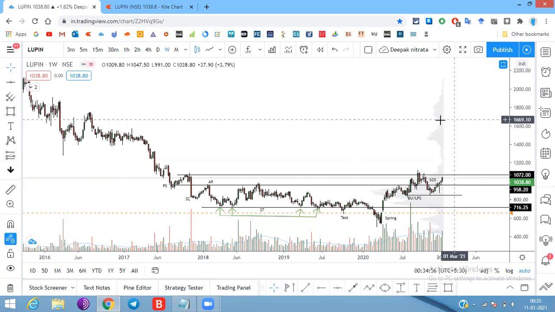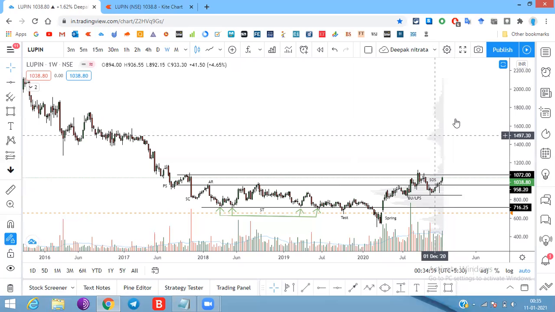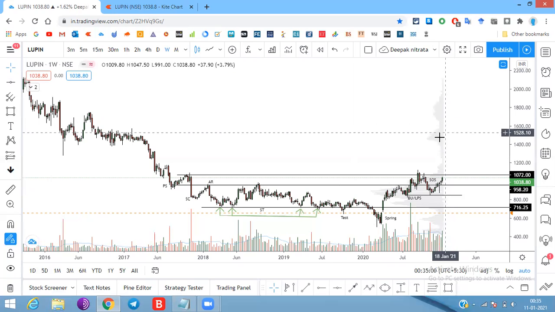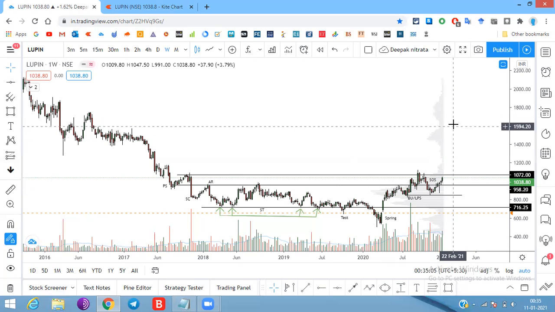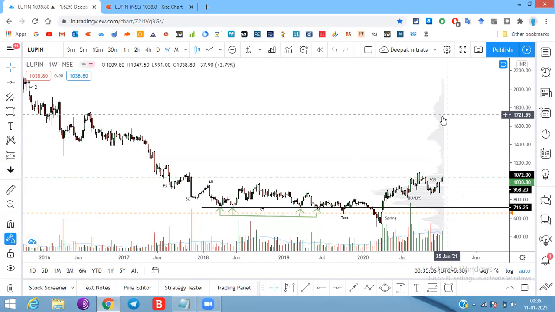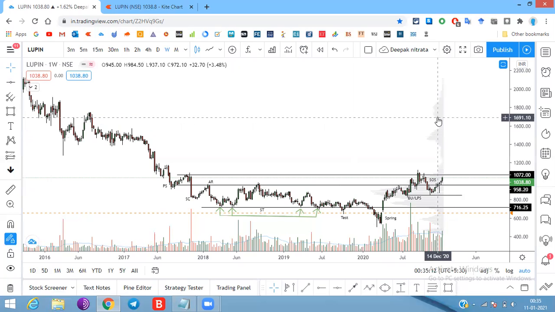But if the price is right now here and it breaks from this region to this region, my overhead resistance would be really frequent, so that would be a not so good trade. Yes, you can take that trade, not an issue, but that won't be a good trade for you, in my opinion.